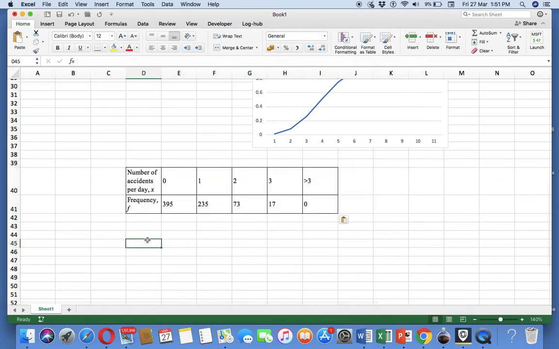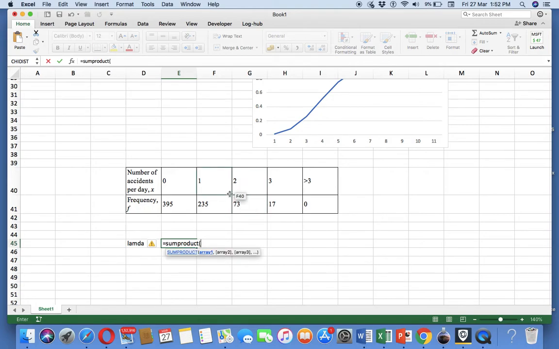The first thing that we have to do is calculate the value of lambda, which is nothing but the mean. To get the mean, it is frequency times the value divided by the frequency. I can do it in Excel by just using the command SUMPRODUCT of the x's by the frequency.